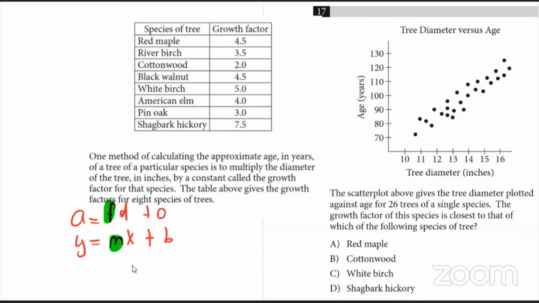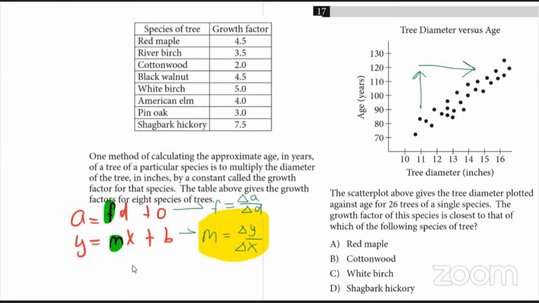And so in this situation here, your slope is your change in y over change in x. And look how this lines up with ours. The growth factor would therefore be the change in the age over change in diameter. So in other words, rise over run with age over diameter. So we're just confirming through this discussion that what they're actually asking us for is the slope in this situation.